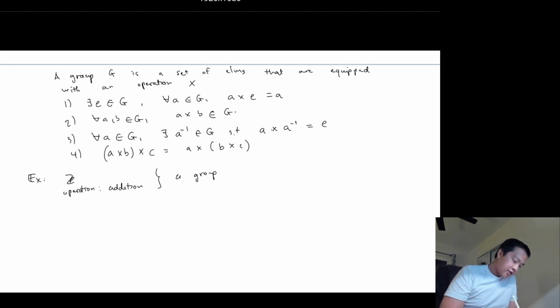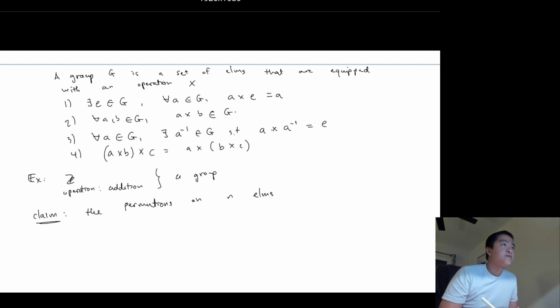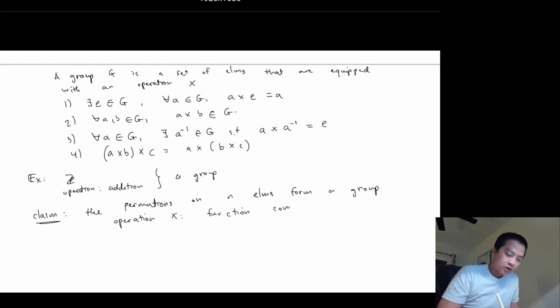So here's a claim that you can treat as an exercise. The permutations on n elements form a group where the operation is function composition, that we have discussed earlier.